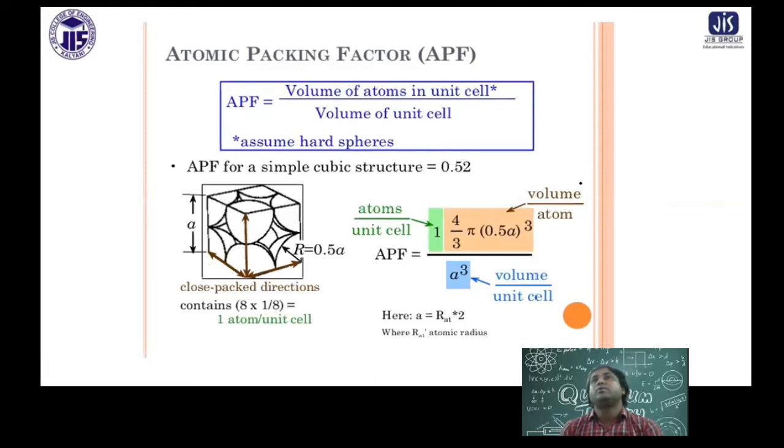Here 2r is equal to a, r plus r, so r is equal to a by 2, so a by 2 means 0.5. Okay, so it is done this way.